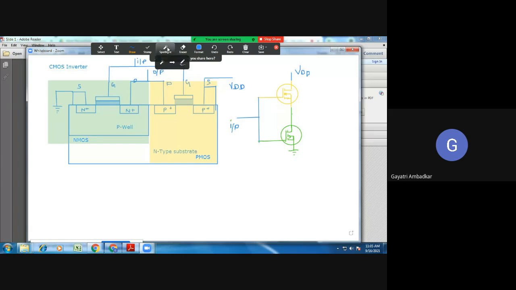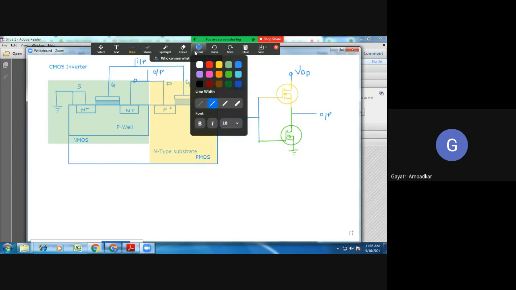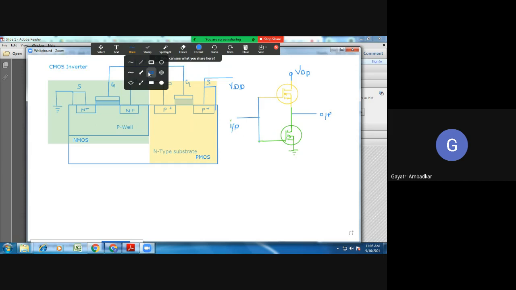This terminal is grounded and both the drains are connected together, and at this terminal we will take output. So this is the circuit diagram for CMOS. This is the construction and this is the circuit diagram.